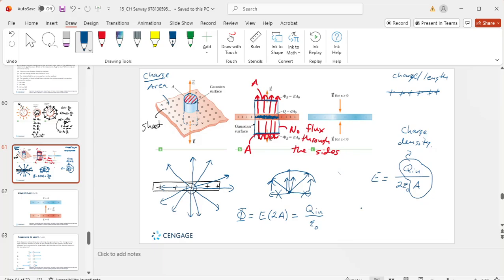And if I were to have some volume of charge, like a sphere, it would have to be an insulating sphere because, of course, in a conducting sphere the charges are going to gather across the surface. But in an insulating sphere, you can have charge inside or throughout the interior. And if I have that, then this would be charge per unit volume.